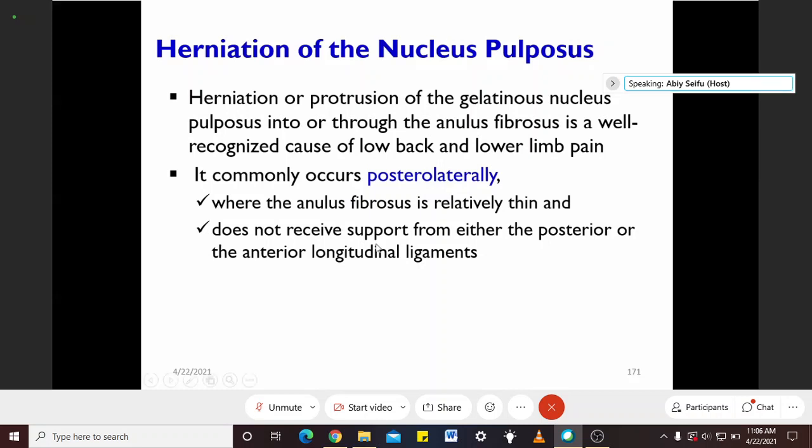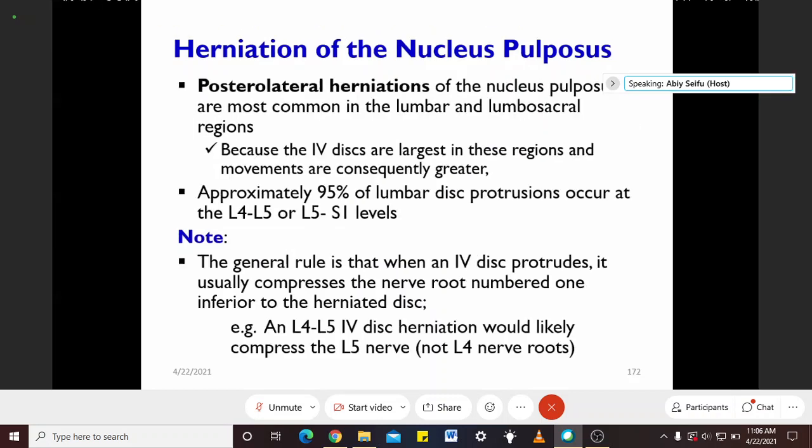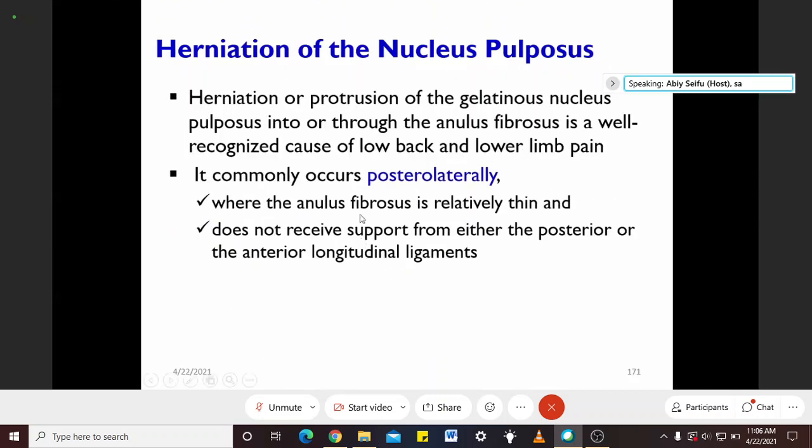Therefore, if it protrudes posterolaterally, this part of the intervertebral disc invaginates into the intervertebral canal and applies pressure on the vessels and nerves. It most often occurs posterolaterally because posterolaterally the annulus fibers are relatively thin, and it gains support from the anterior longitudinal ligament as well.